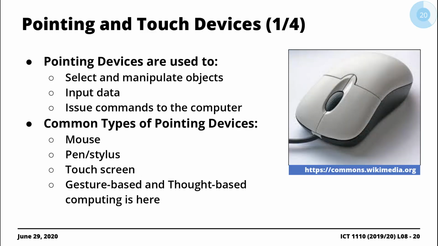All right. Some other types of input devices would be so-called pointing devices or touch devices, right? So things like the mouse that we use. Another touch device would be your LCD screen on your smartphone that allows you to provide input using your thumb or your fingers.